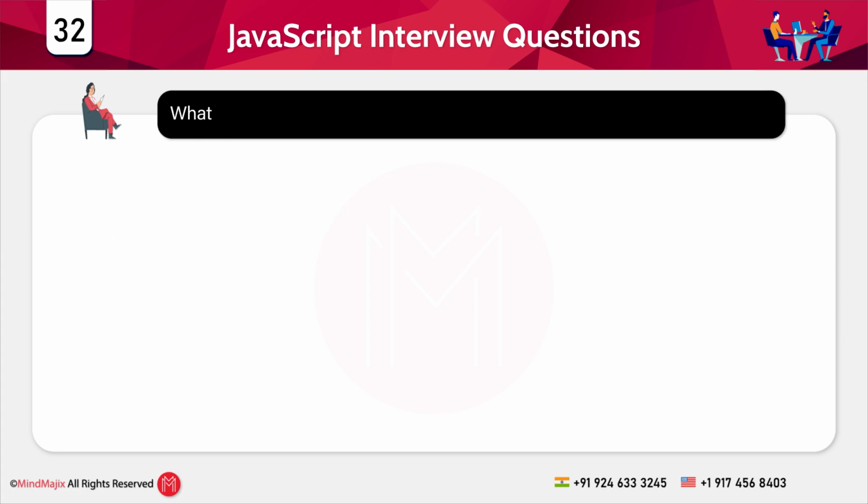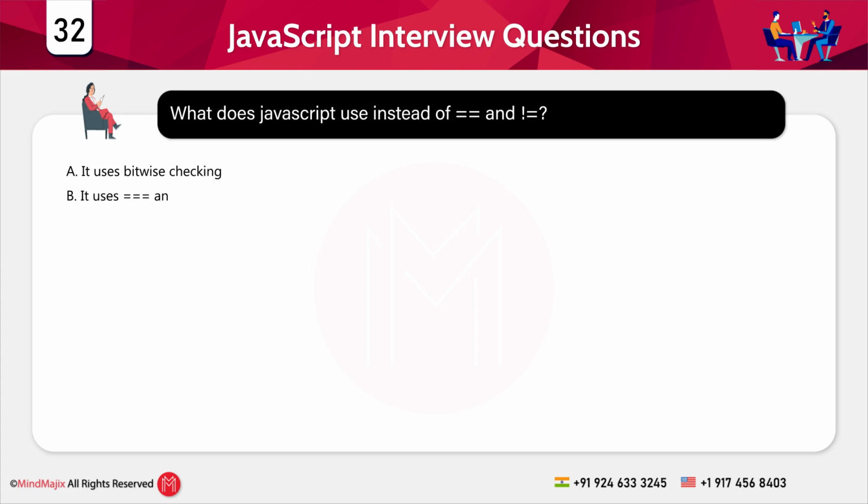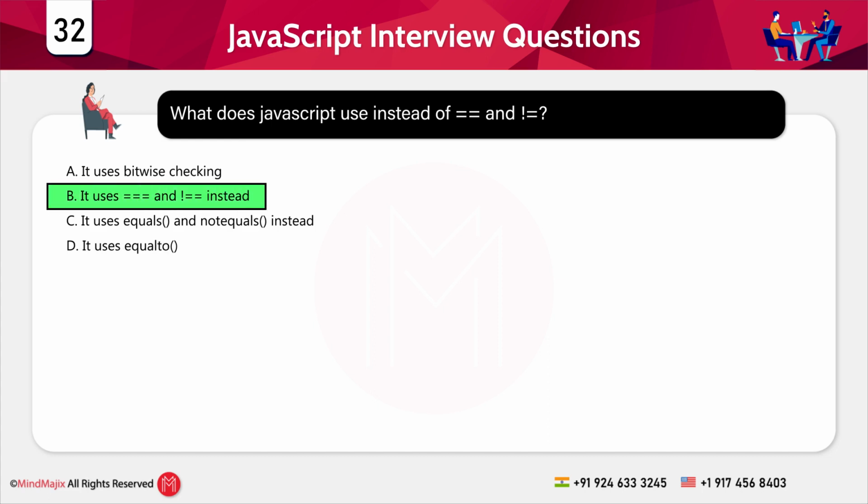Next, what does JavaScript use instead of double equal to and not equal to? A, it uses bitwise checking. B, it uses triple equal to and not double equal to symbol. C, it uses equals and not equals method. D, it uses equal to method. So the answer is B. It uses the triple equal to symbol and not the double equal to symbol.